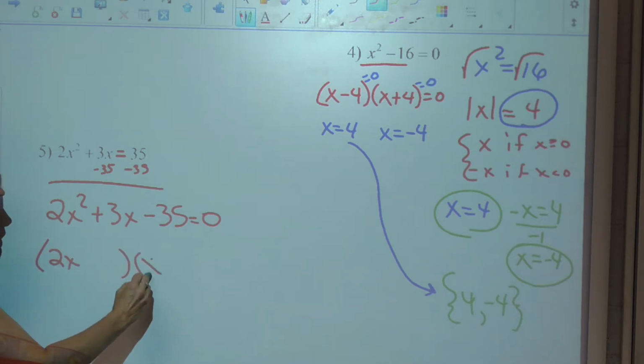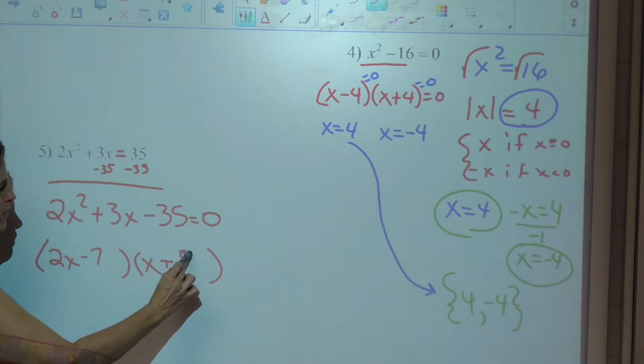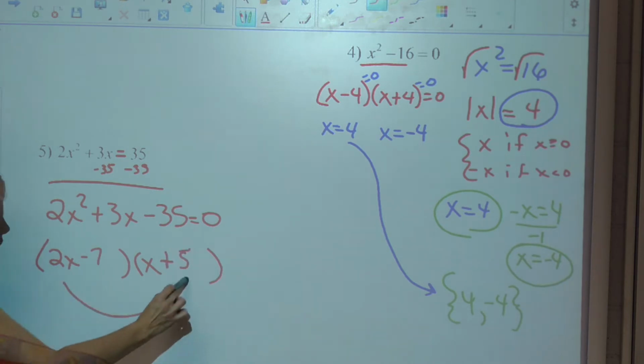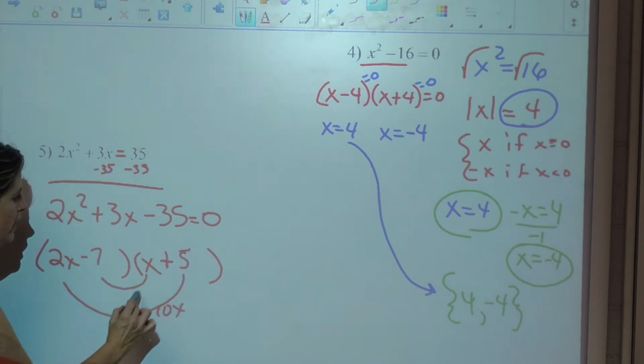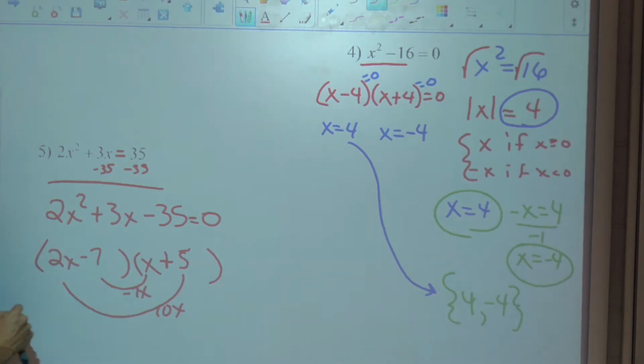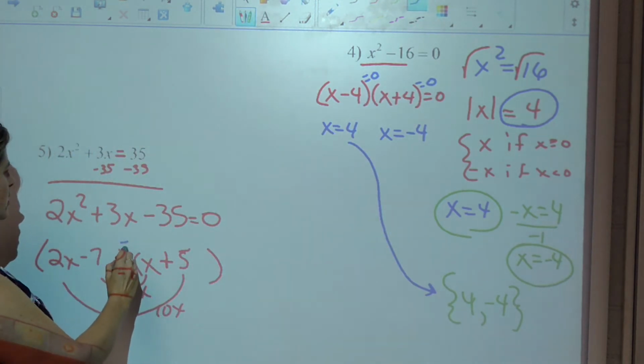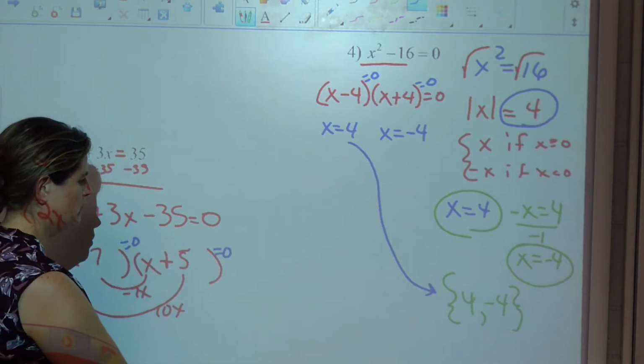This is going to be trial and error. So I get 2x and x. I could use 1 and 35 or 5 and 7, I believe, are my only choices. This does wind up being -7 and plus 5. So that I get 10x and a -7x, which gives me the positive 3x in the center. All I have to do to finish out, once I get it factored, is set those pieces equal to 0.